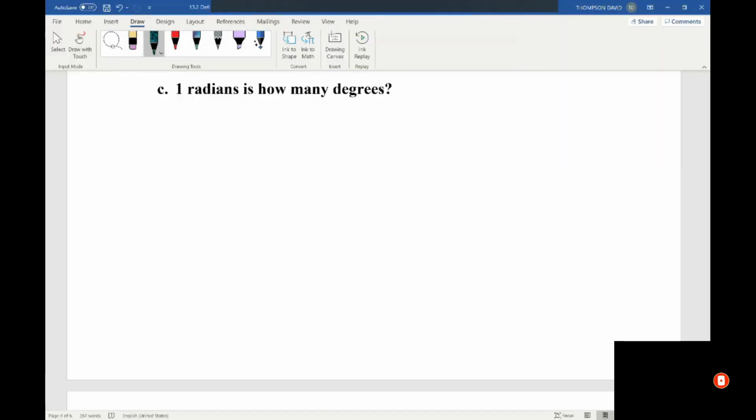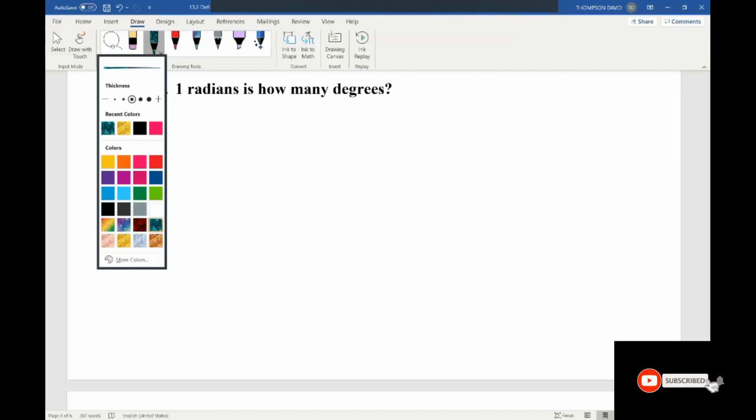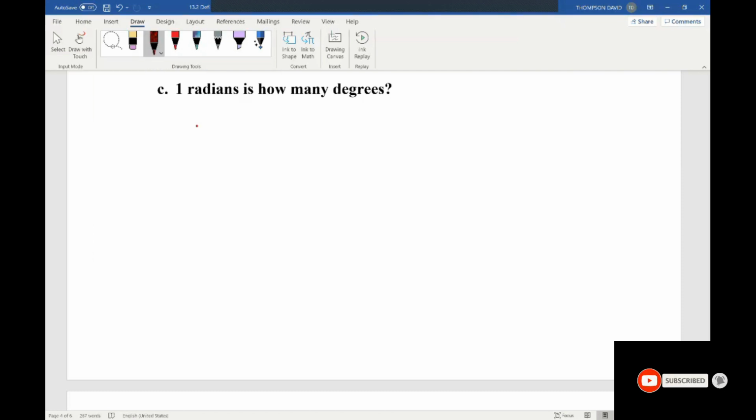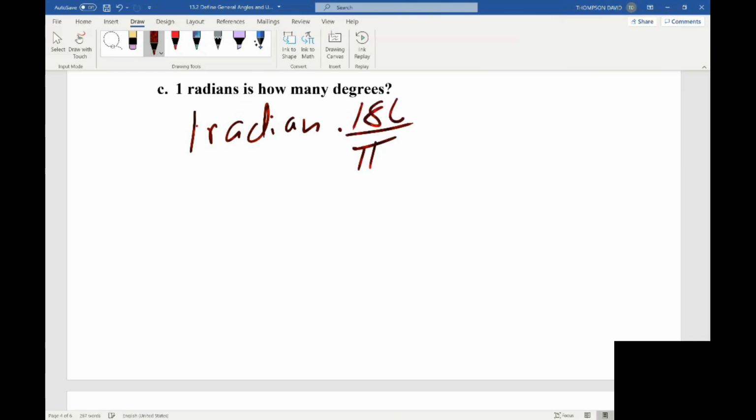Part C, 1 radian is how many degrees? Let's grab a new color. Let's go with lava. So we're going to do 1 radian times 180 over pi. And remember, this is radians.